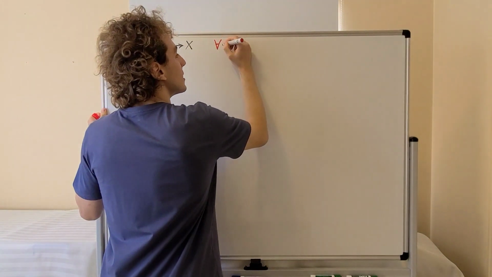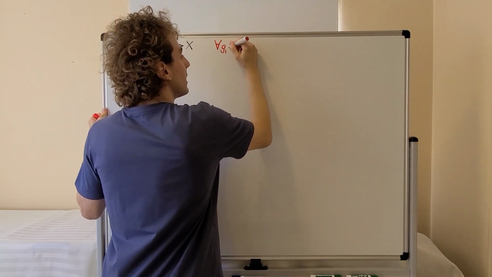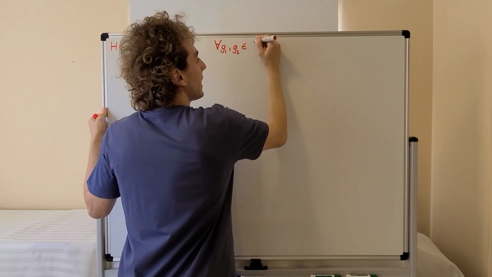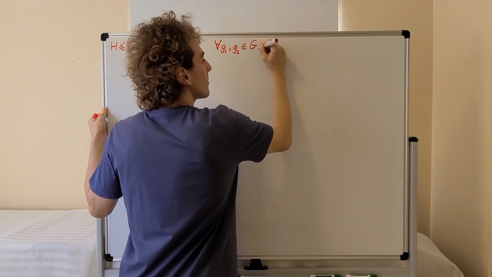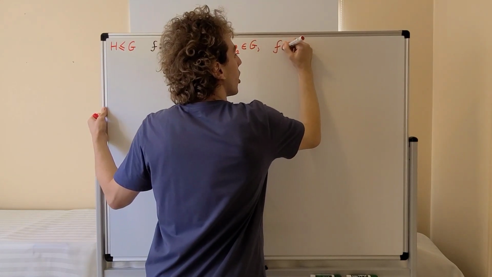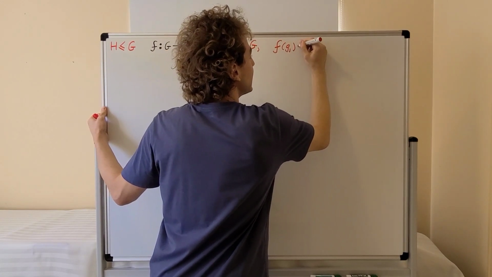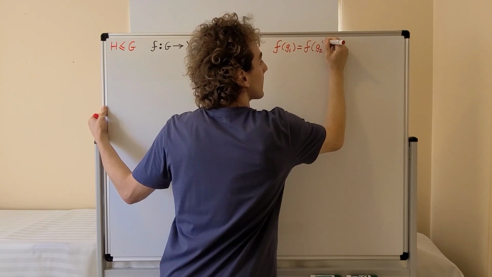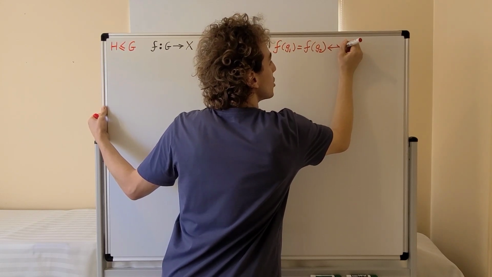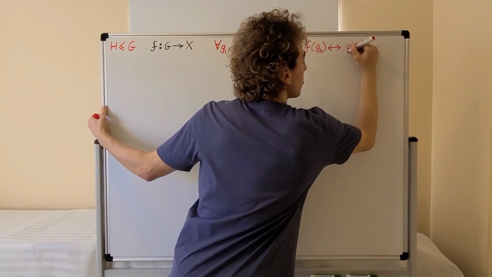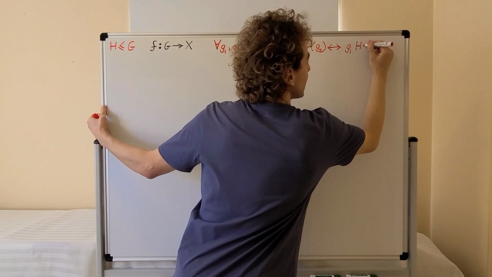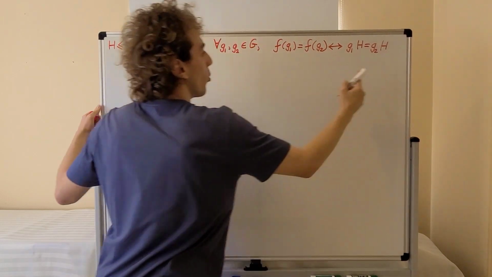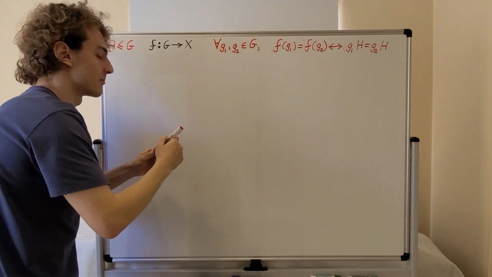For any two elements, g1 and g2, in the finitely generated group G, f of g1 is equal to f of g2 if and only if g1H is equal to g2H. What is this condition telling us?